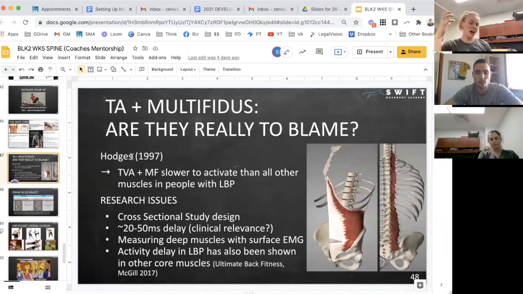And then there's been other research by Stuart McGill, who said that there's delayed activity in other muscles in people who have low back pain. So maybe it's just all the muscles have delay, and this one study happened to show that apparently these deep muscles do, based on how they tested deep EMG, and apparently a 20 millisecond delay is clinically relevant. So that's my rant on that.